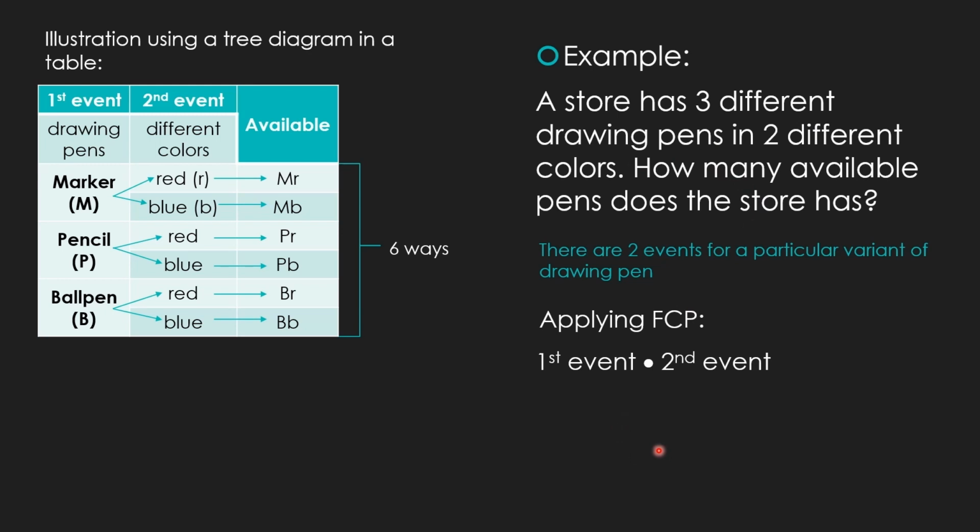And on the second event, which represents the two different colors, we have two ways of choosing what color that particular drawing pen is. And so 3 times 2 is 6, which is the same answer we got when we did the illustration. So therefore, going back to our problem, there are 6 available different drawing pens in 2 different colors.